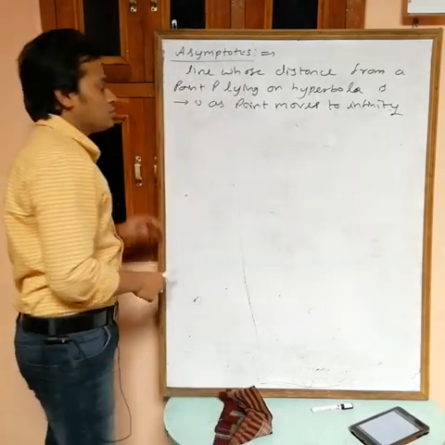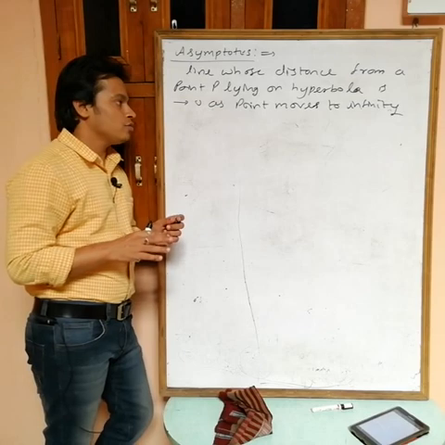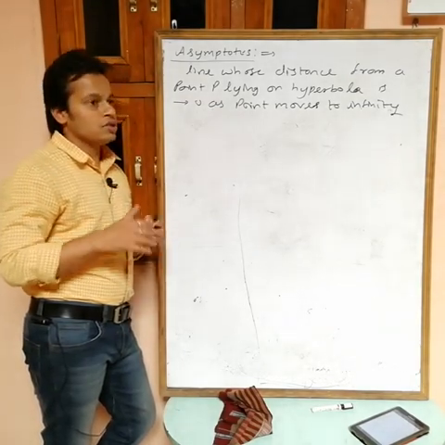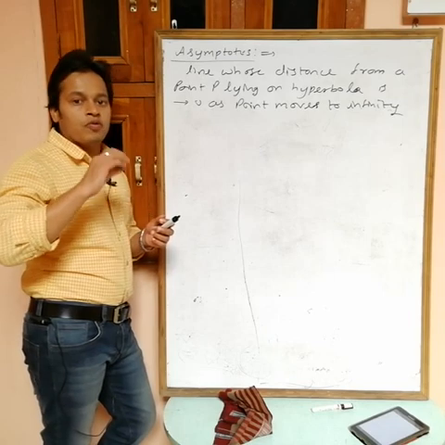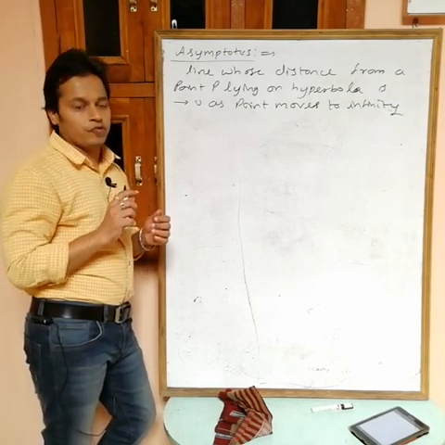Okay, a line whose distance from a point P lying on the hyperbola is tending to 0 as the point moves to infinity. It means distance tending to 0 when the point moves to infinity. It means tangent at infinity.